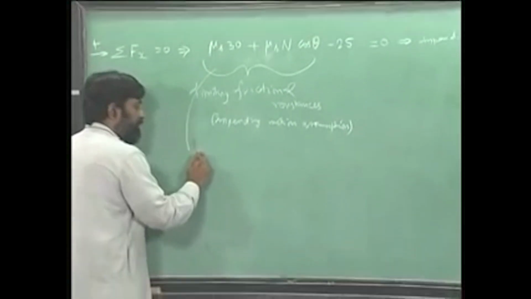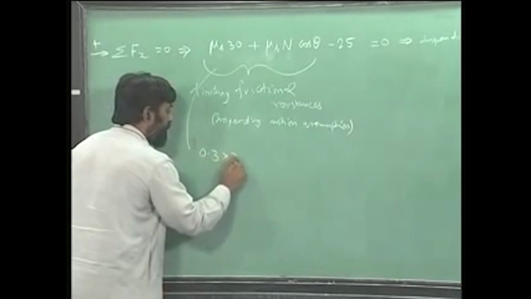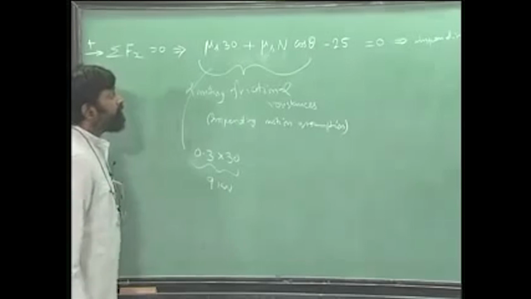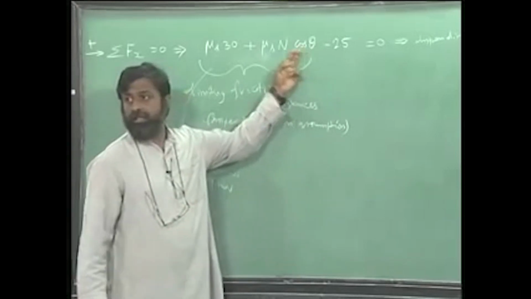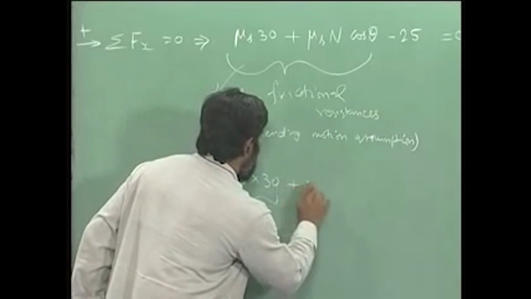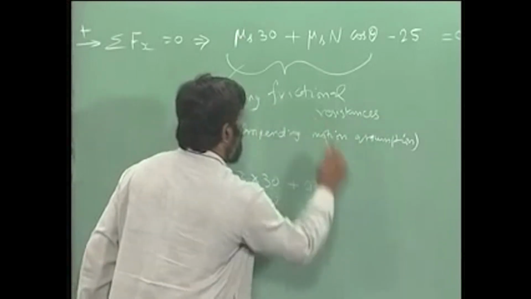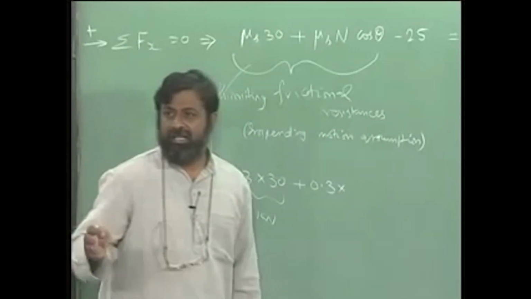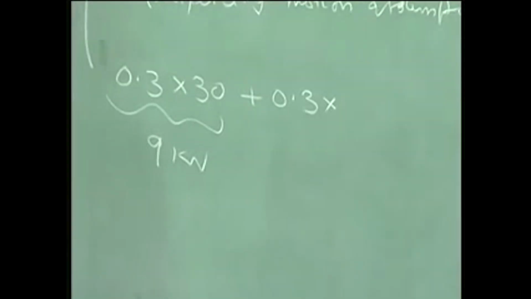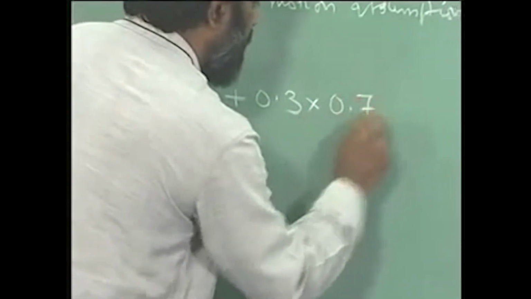Mu s is 0.3, so this is 0.3 times 30, this happens to be 9 kilonewtons, and I have a cos theta times mu s, that is say plus 0.3 times cos 30. If I take theta to be roughly 30, cos 30 is root 3 by 2, which is around 0.7, alright, 0.71, 0.7 let us say, this is roughly I am just writing.